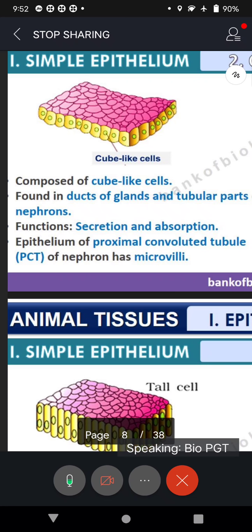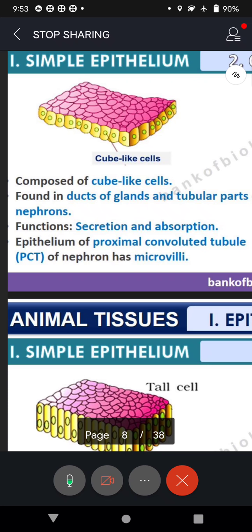Now at present you remember, nephron is the unit of excretion present in kidneys. And presence of nephron is an evolutionary feature. And what does it do? Secretion and absorption. It secretes certain minerals and not only secreting, it absorbs.